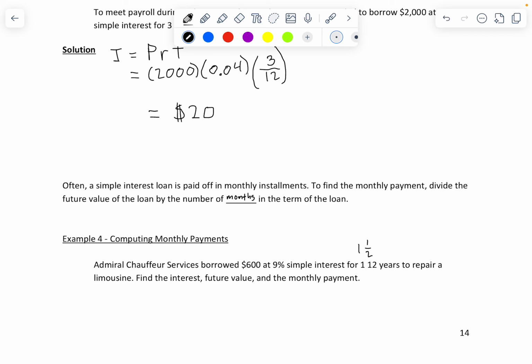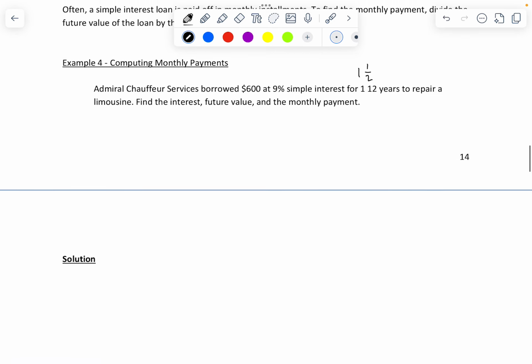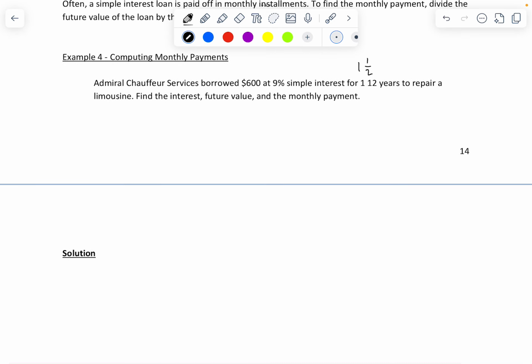So step one, let's find the interest. Okay, let's come down here. We'll do our solution down here. Find interest. And that would just be using the simple interest formula. The principal is $600.